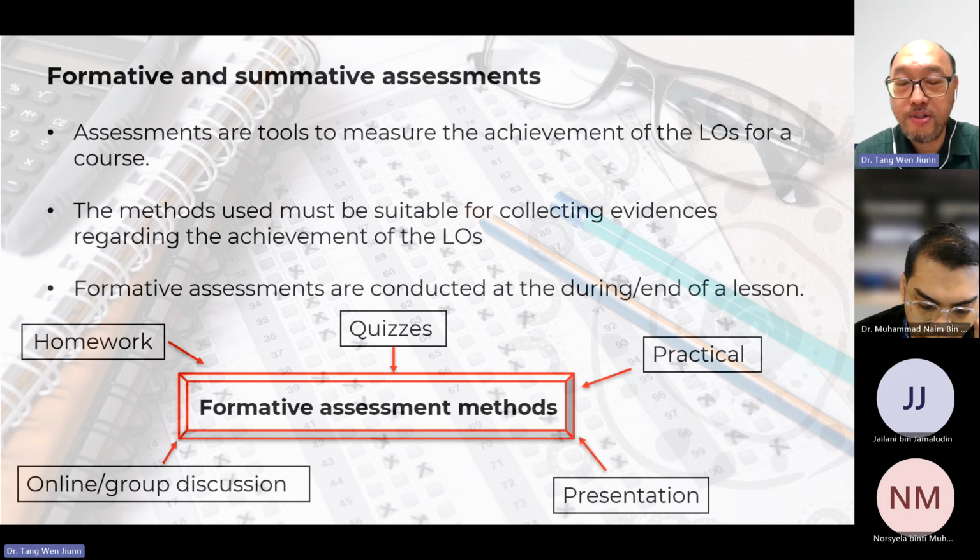All the students say yes, or they nod their heads. That is a form of formative assessment. You want to see the progress and development of understanding, whether or not they understand what you are teaching along the way.